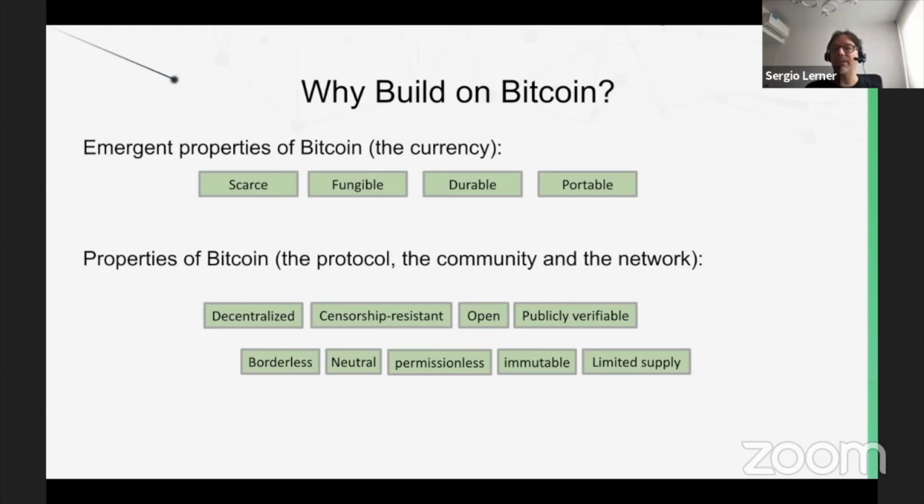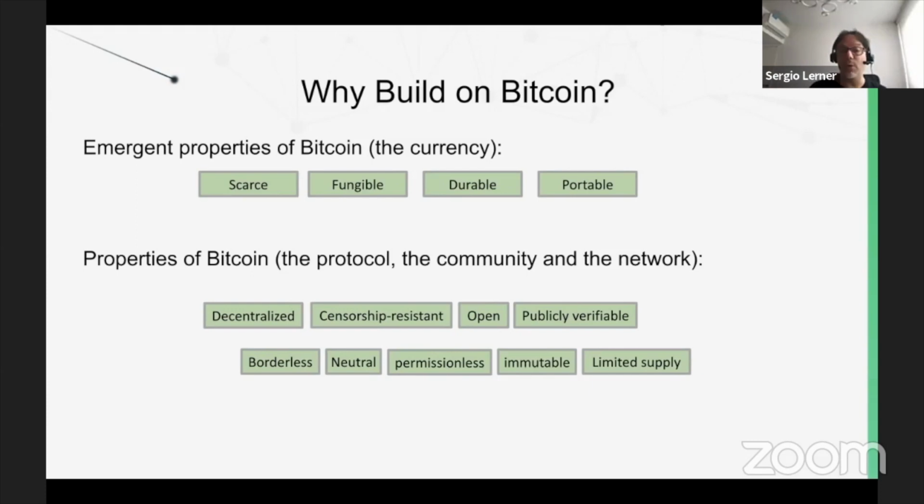But these properties are obviously not free. This is not magic. You really need to design the network and maintain the network in a certain way to support certain properties like decentralization, censorship resistance, must be open. It's important that it's publicly verifiable for anyone with any computer.